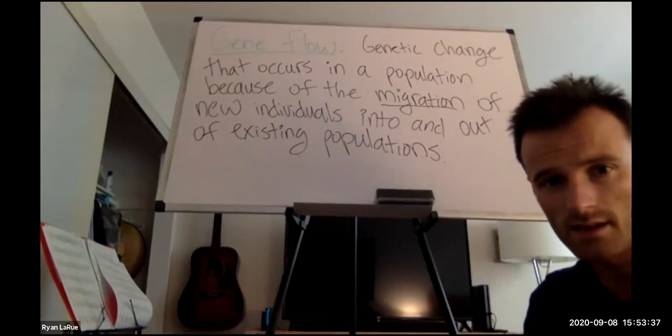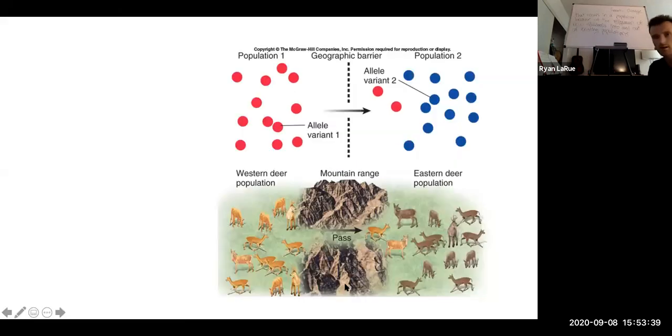So if we look at the example shown here from the textbook, you see that there's this deer population that lives west of this mountain range. And they have this lighter fur color. And then you have deer on the east side. And they have a darker fur color. And essentially, allele, that word will make sense when we do genetics, so don't worry about that.